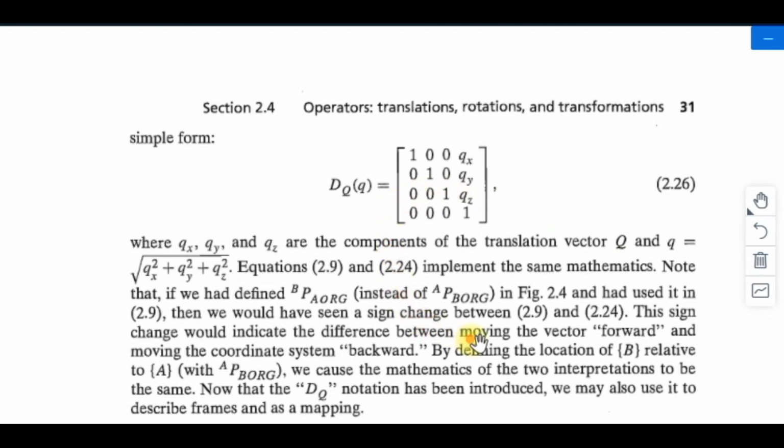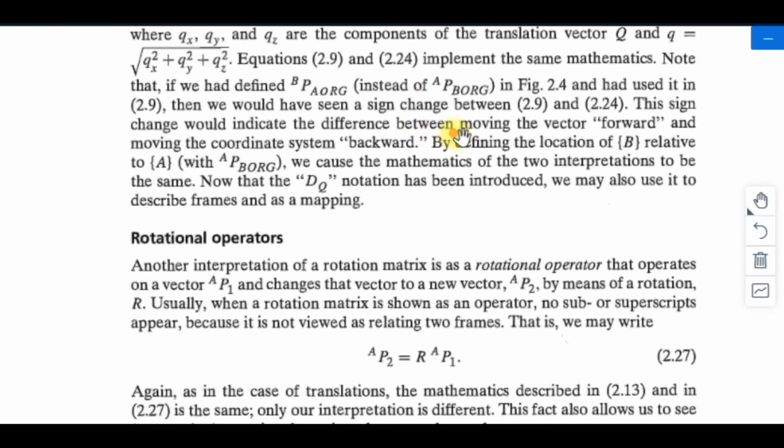We may utilize the A P B origin. Previously it was A B origin, meaning the B origin with respect to A, where A is desired and B is given.